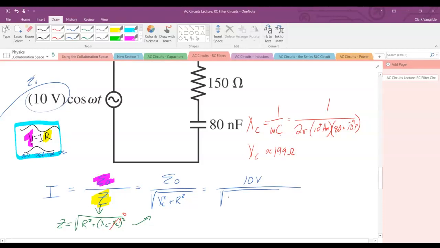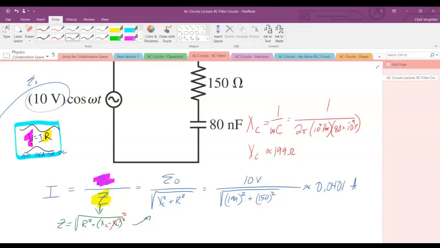And so we just figured out that capacitive reactance was 199. The resistor, I'll just leave the ohms out for that. And what we get is 0.0401 amps. And there you go. That would be like 40 milliamps, 40.1 milliamps if you wanted to do that.